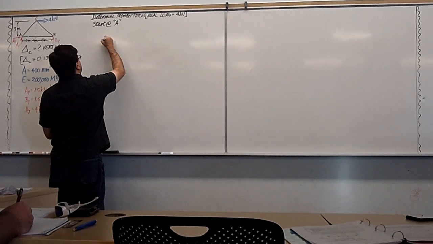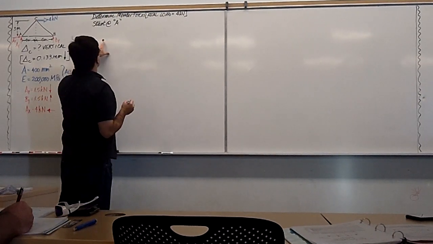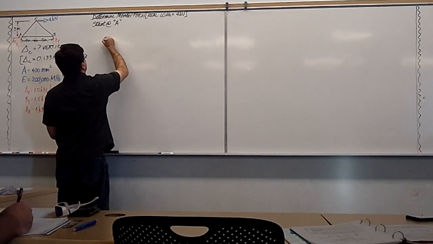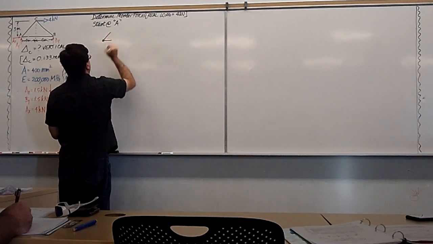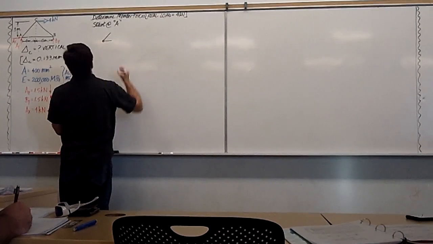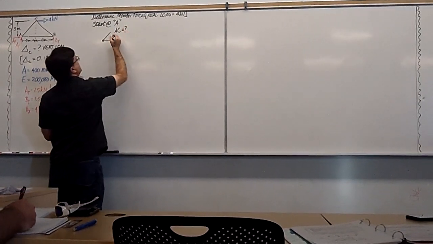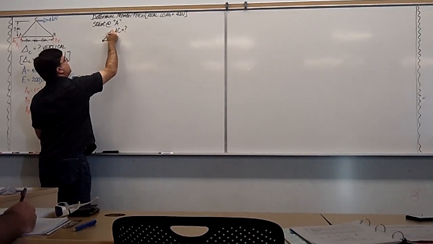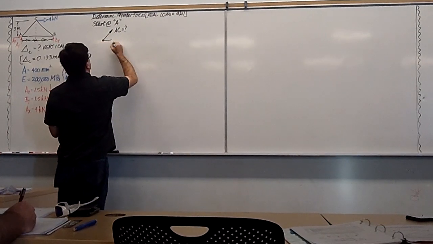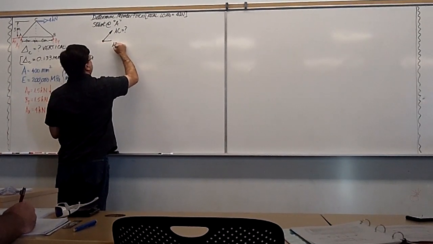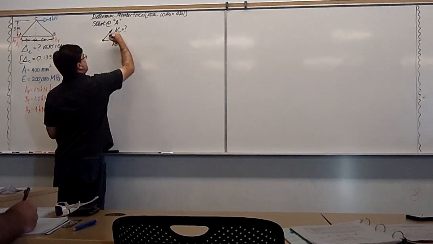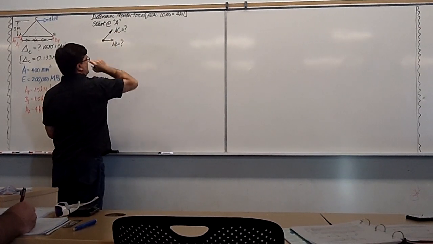So I'm just going to do this nice and slow. I'm going to remind myself what A looks like. I'm going to sketch the members that go into A. I'm going to remind myself that this is AC. I don't know what it is, so I'm going to guess tension. This member here is AB. I don't know what it is, so I'm going to guess tension.